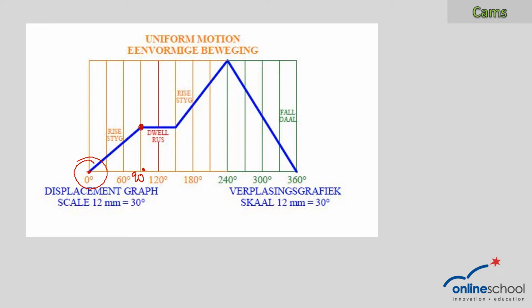And then it's dwelling for 60 degrees before it starts a constant increase and rise, and that will end up with its maximum displacement at 240 degrees in this example. And then it's a steady, constant decline all the way back to the starting point at 360 degrees, and then it will start again at 0 degrees. So this is just a straightforward uniform motion displacement graph.